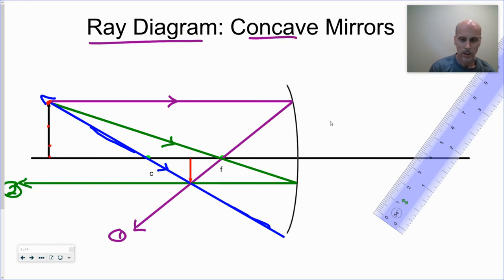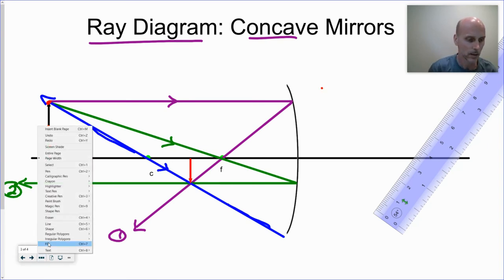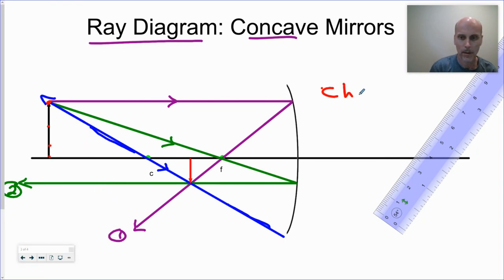Now, when we're done, we also like to write down the characteristics of our image. There are three things we are looking for. One is the size of the image. So I'll just highlight this, although you can just, when you're done, write the size down.